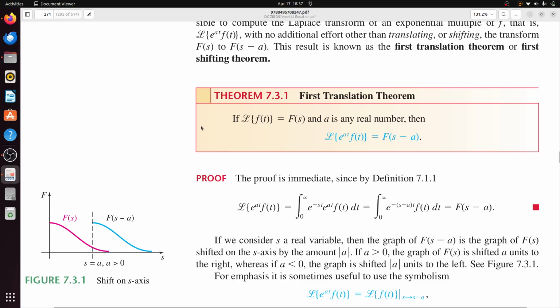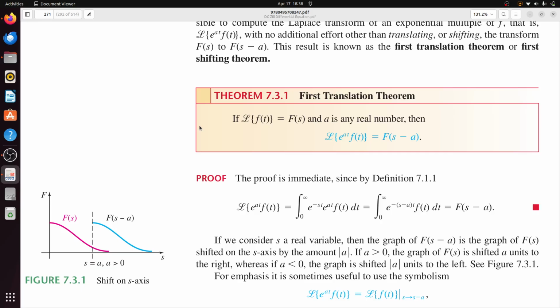So just read with me the first translation theorem: the Laplace transformation of e to the power at into f(t) is F(s minus a), where capital F is the Laplace transformation of the function f(t) itself.